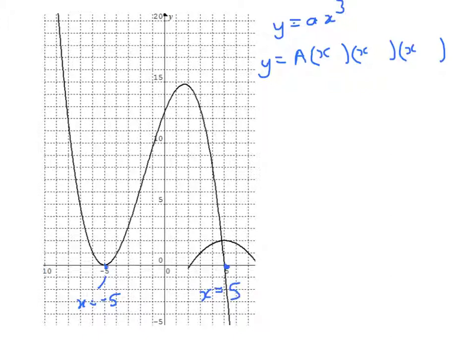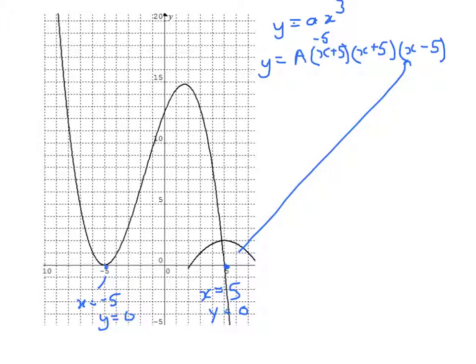So when x is 5, y equals 0. When x is -5, y equals 0. So if x is -5 here, I have to add 5 to make that bracket 0, and I have 2 of those points. And this one over here, when x is 5, to make this bracket 0, I take 5 away.